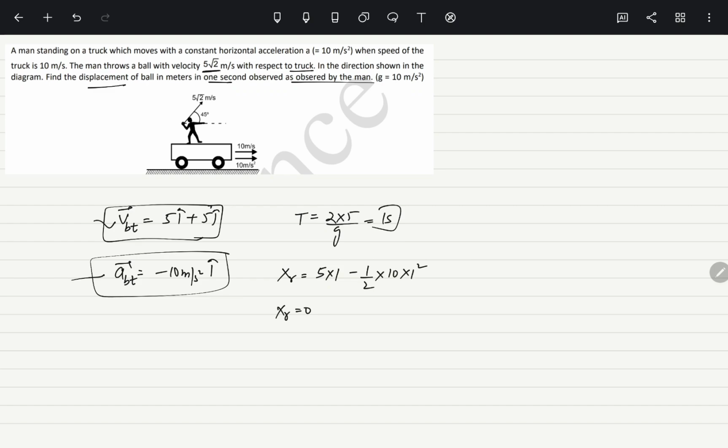So it is coming as 0. That means the ball will come back to the person's hand and hit the truck again. So the relative displacement is 0, and that was the question. Hope you understood.